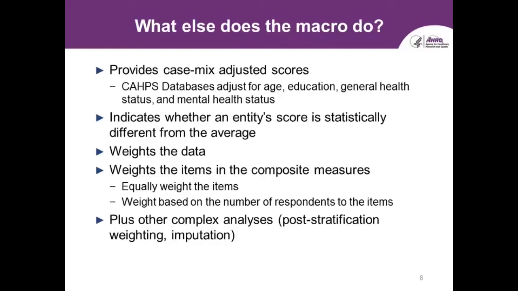Or maybe some items have low response, so you want to more heavily weight items with higher response than those with lower response when calculating the composite measure score. The macro can do this for you as well very easily. It can do some other complex analyses, so this is just a highlight, for example, post-stratification weighting and imputation.